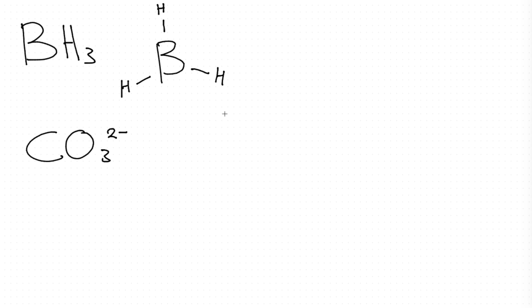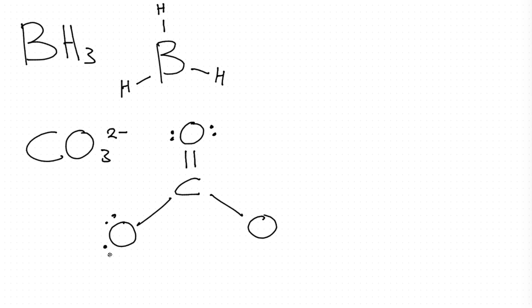Now, to demonstrate this, I'll draw the Lewis structure for CO3 carbonate. So this would be the Lewis structure for CO3. Now, this is a polyatomic anion, therefore we need to indicate where the negative charge is coming from.